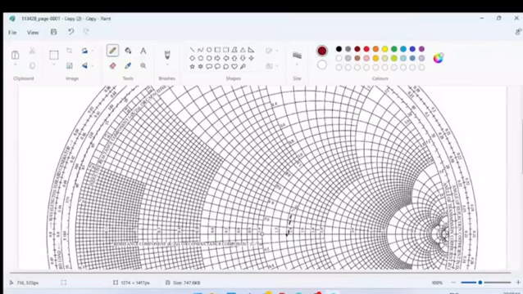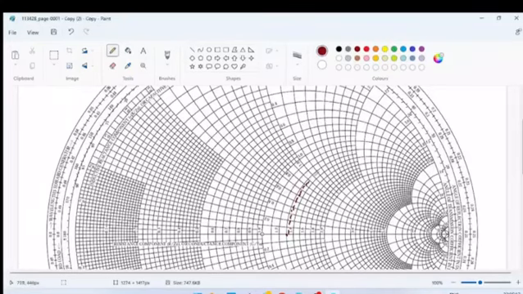So what about j2? This is 1.33 and here plus 2. Plus 2 means you have to look above the real axis: 0.4, 0.5, 0.6, 0.7. No, this is the plus 2. So this is the small zL value.